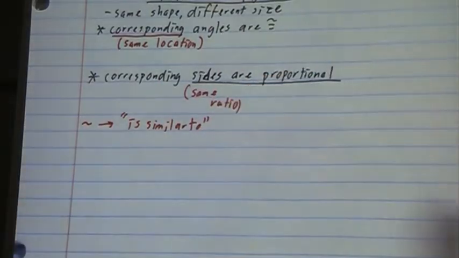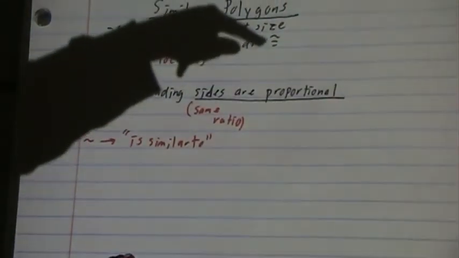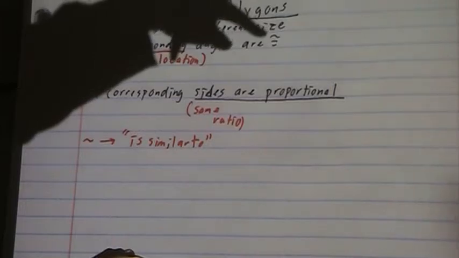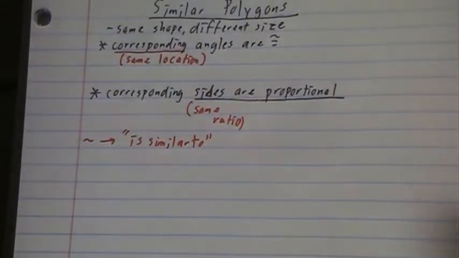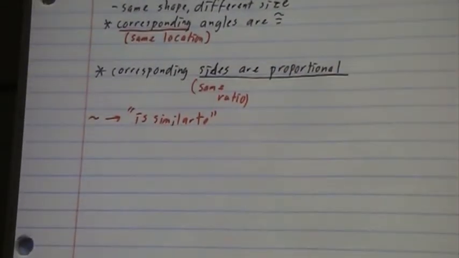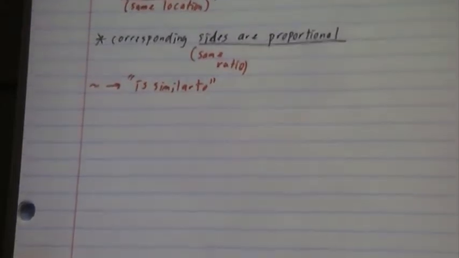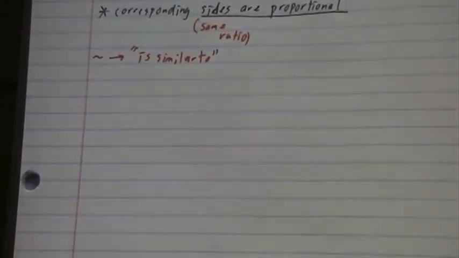It's kind of like your congruent marking, but without the equal sign. So it's just that squiggle. And remember, the squiggle does not mean equal. It means similar. So, we're going to run one example in your notes.